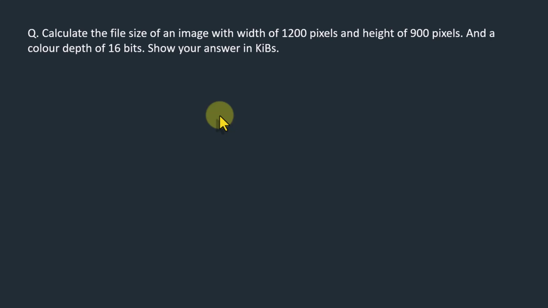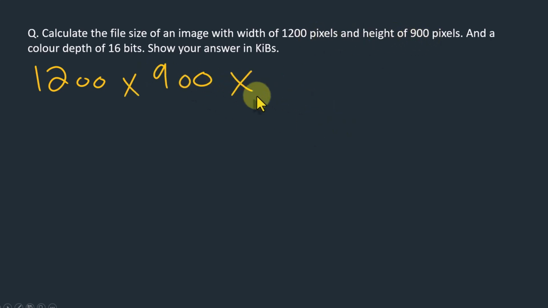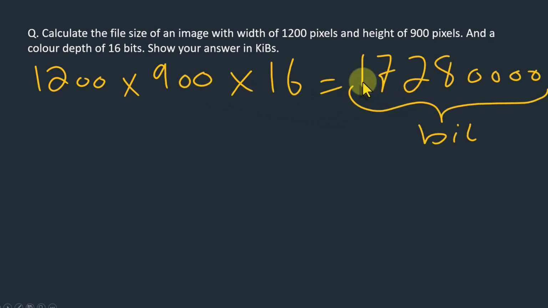Good. I hope you have solved the question. Now let's check your answer. So we have 1200 pixels in width and 900 pixels in height and a color depth of 16. Multiplying them together will give us 17,280,000 bits.